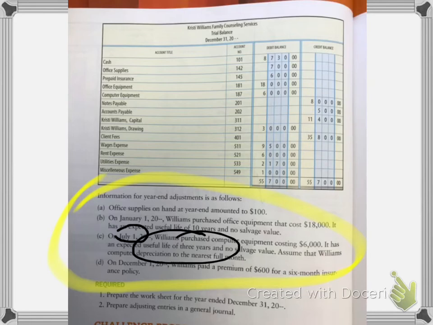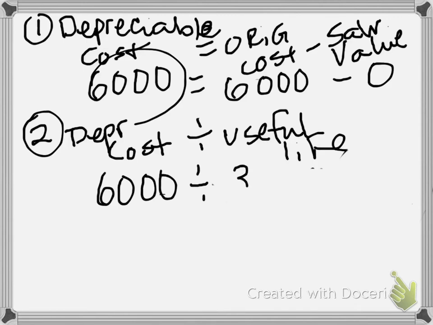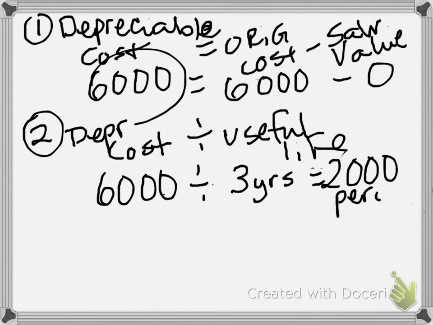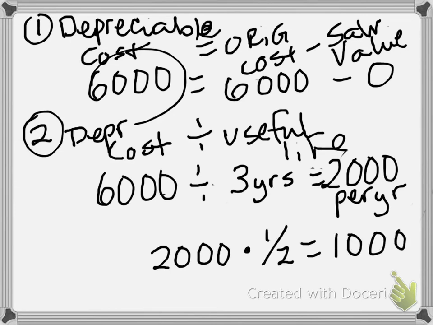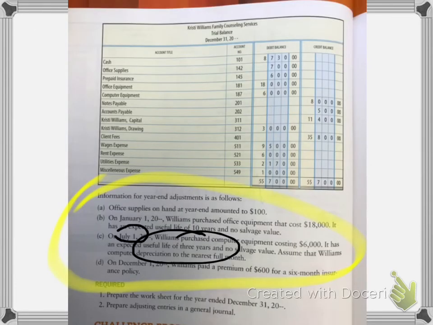So let's divide by 3 years and then we'll know that our depreciation is 1/2 of that. 6,000 divided by 3, the depreciation is $2,000 per year. But we haven't owned it a year. We've only owned it for 6 months. That's 1/2 of a year. So we need 1/2 of that. So our depreciation for entry C is $1,000.